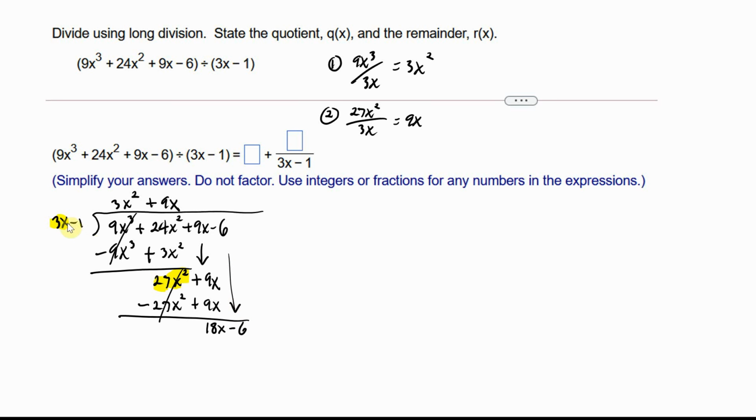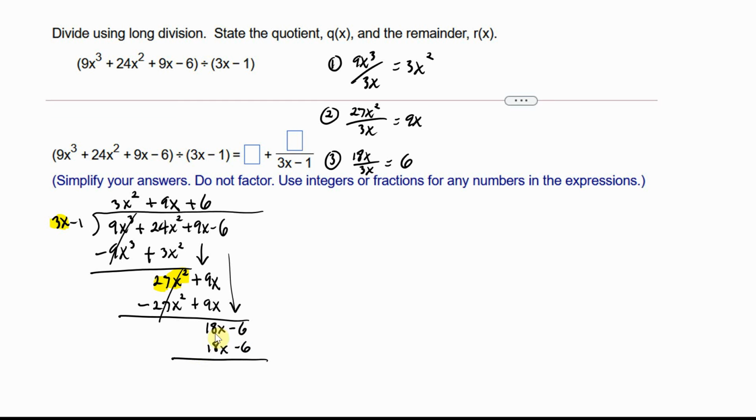All right. We keep on dividing because 18x can be divided by 3x. So 18x over 3x is just 6. It's plus 6. So we say plus 6 up top. So 6 times 3x is 18x. 6 times minus 1 is minus 6.